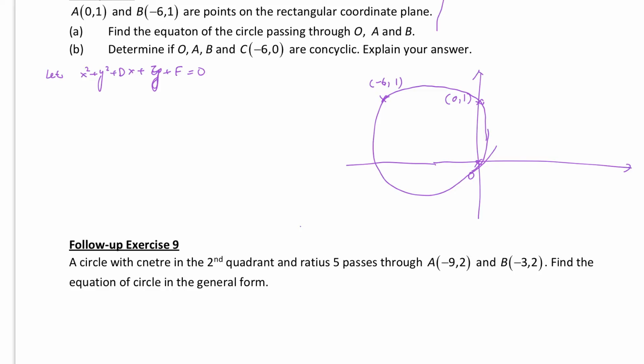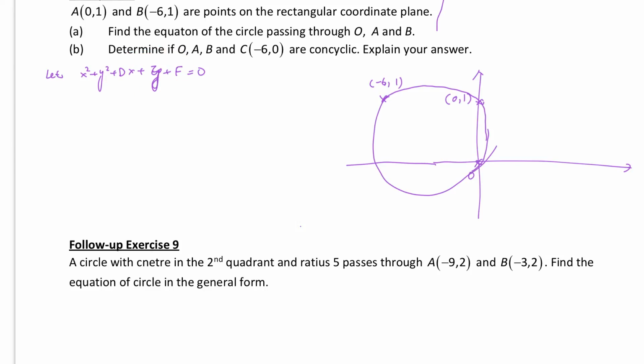Then you can see we have three unknowns, D, E, and F. We have three pieces of information. We can make use of these three pieces of information to eliminate and find the values of these unknowns. What can we do?